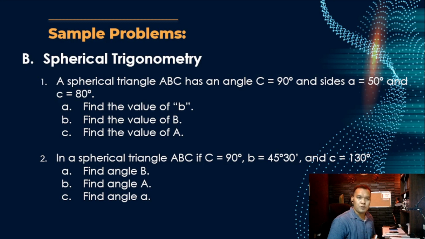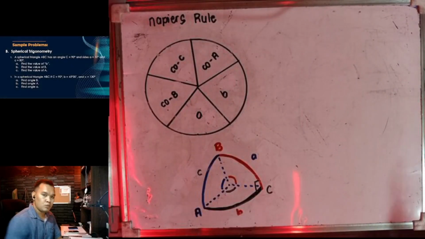Okay, so let's solve problem number 1. A spherical triangle ABC has an angle C, which is equivalent kay 90 degrees, and side A, which is equivalent kay 50 degrees, and C, which is equivalent kay 80 degrees. So, I will be using yung kaninang board na may drawing na. So, ito yung board natin.